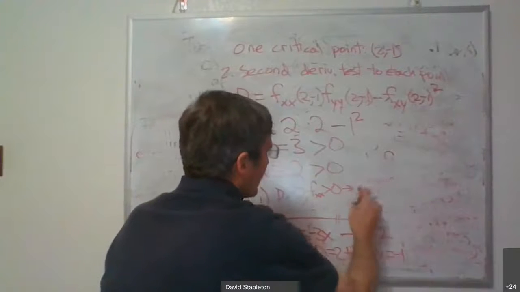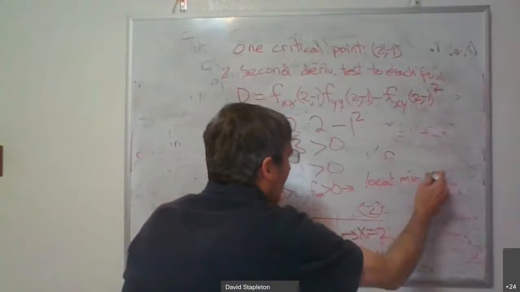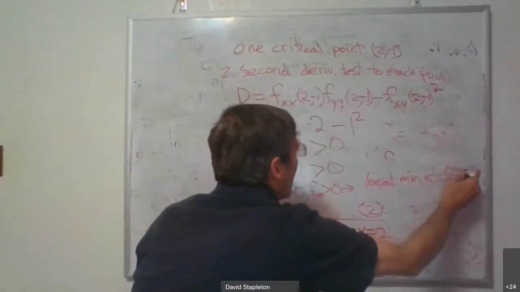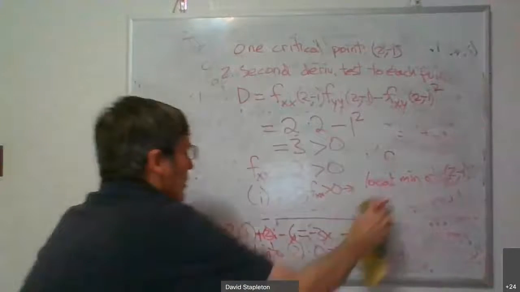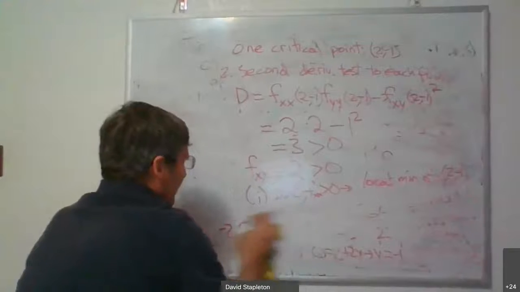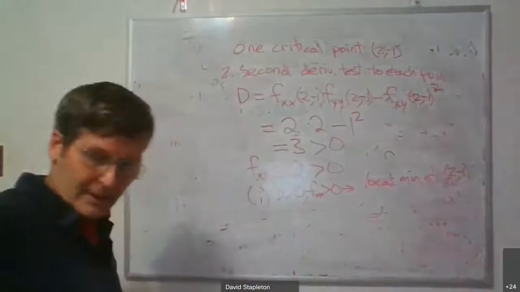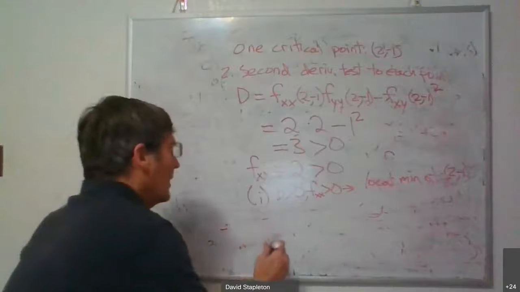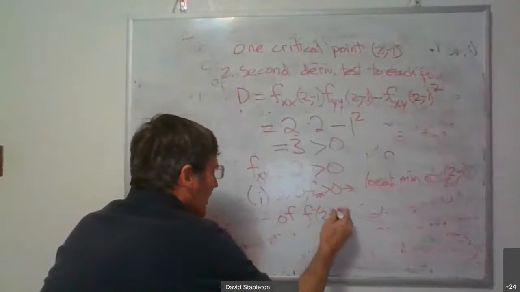Let's call it a local minimum at this point. The value of the local minimum, though, is the original function at that point. So I just have to plug it in now to see what the minimum is, right? That's f of 2, minus 1.